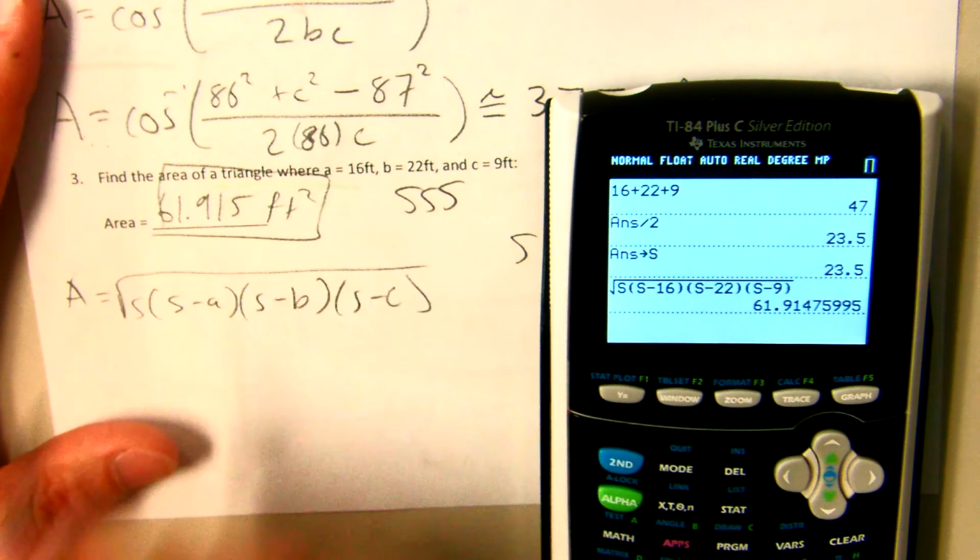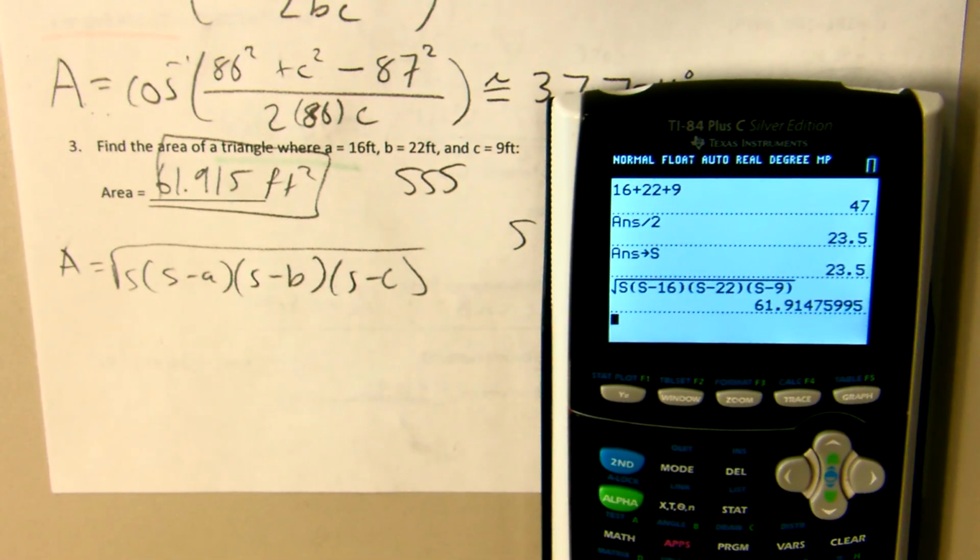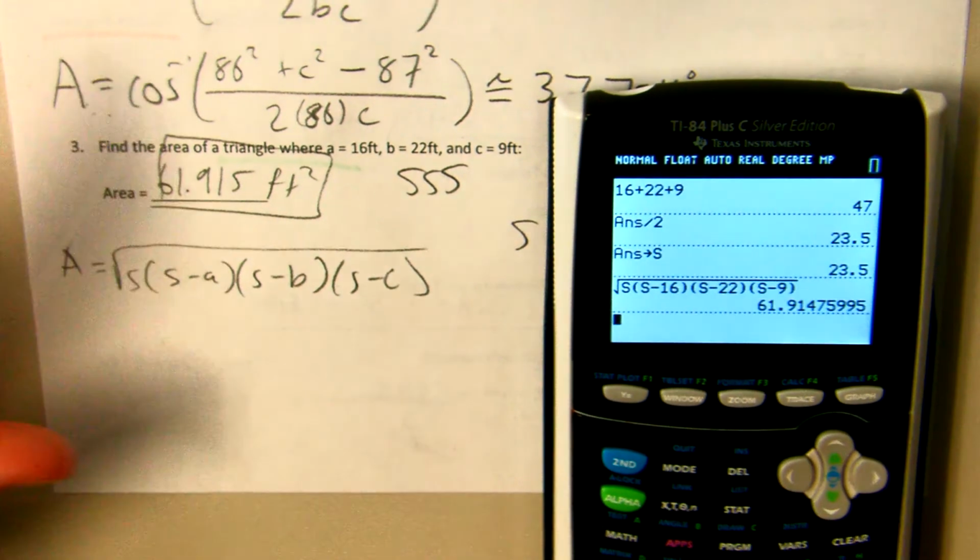Area, so it should be square roots. Very easy formula to apply. Probably something that they should teach you in geometry. So this is easy enough, and it's very useful. Alright, questions about Heron's formula?